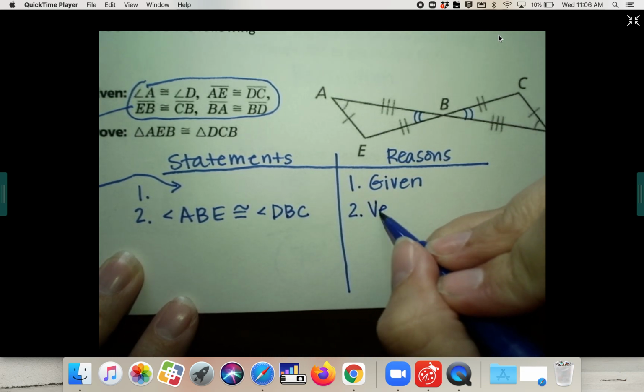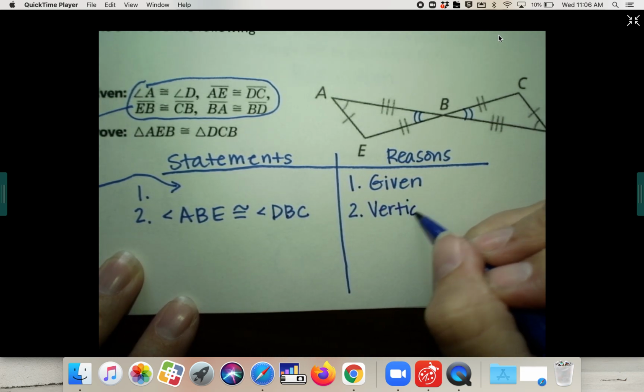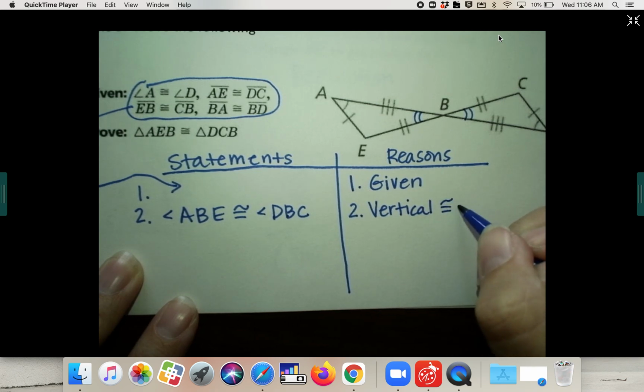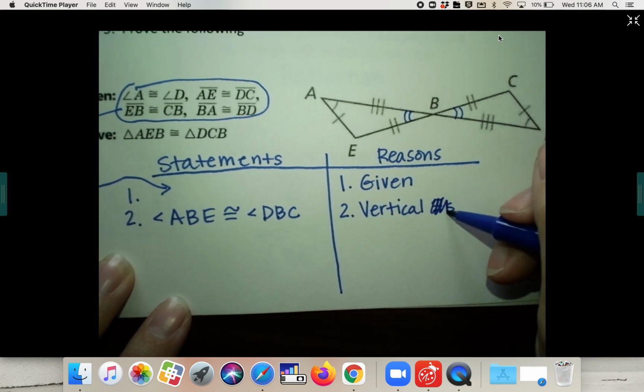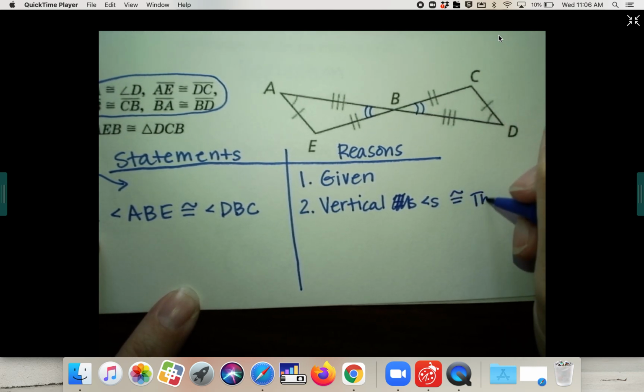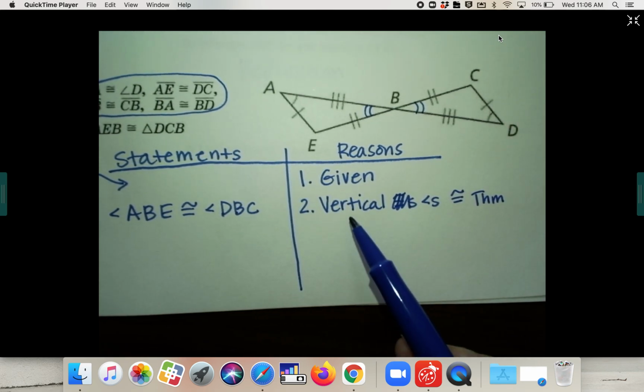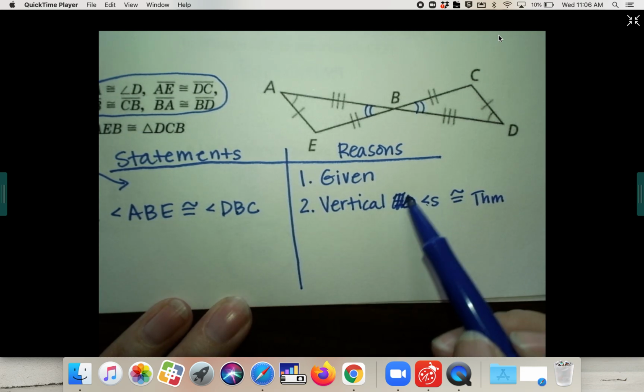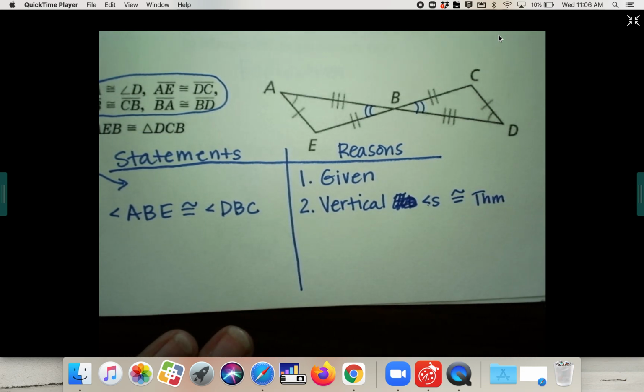And the reason is because vertical angles are congruent theorem. Wow, there's a lot of abbreviations there. So vertical angles are congruent theorem.